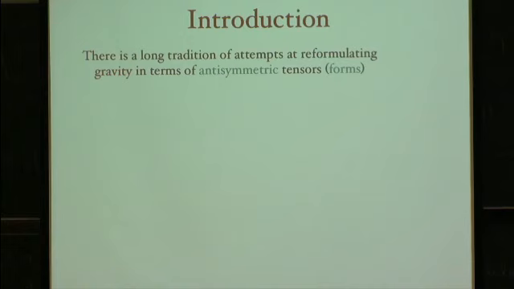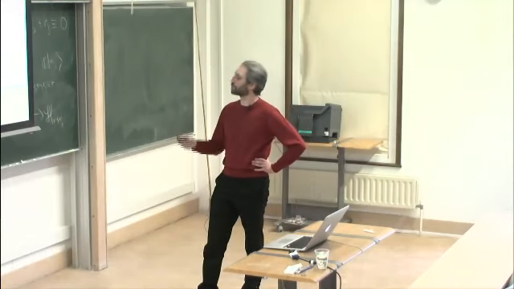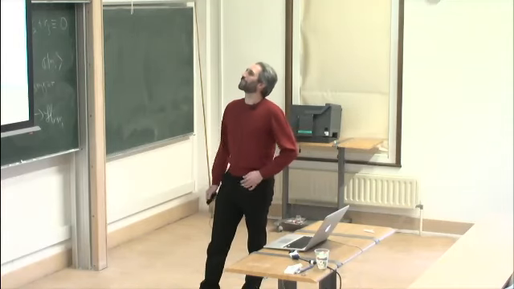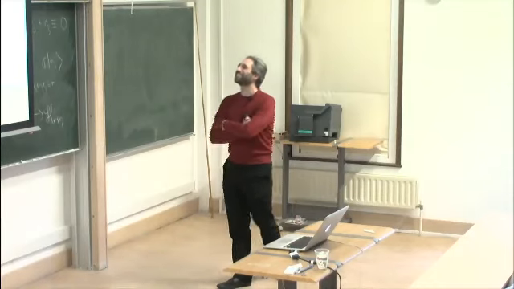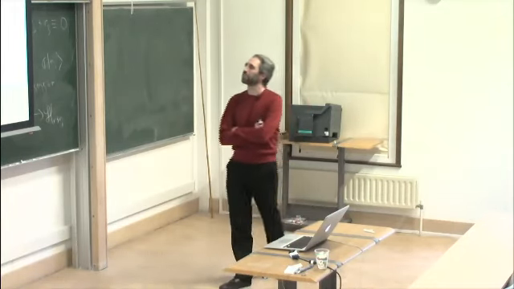One of the motivations for this work was in line with a long tradition of trying to reformulate gravity in terms of forms instead of using symmetric tensors. That's basically because forms are easier to deal with. Perhaps the first example that everyone will recognize is just the humble use of the vielbein instead of the metric.